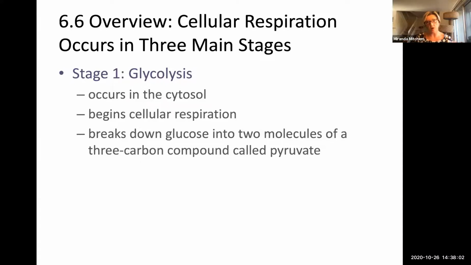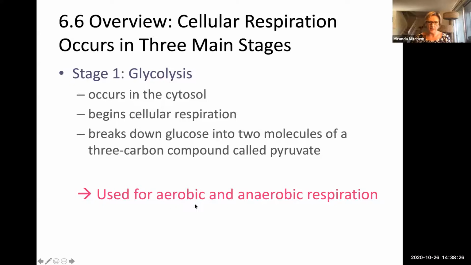Glucose has 6 carbons. So that means, due to the laws of thermodynamics, that energy or matter isn't created or destroyed. It just changes forms. That means that we have to have 2 molecules of pyruvate to account for the 6 carbons that are present in glucose.